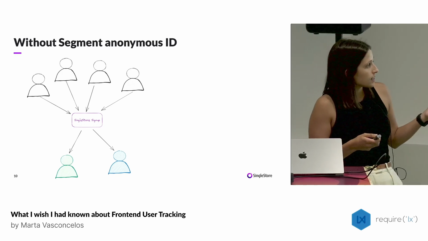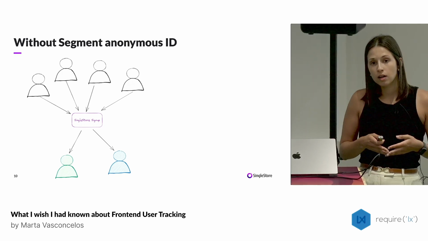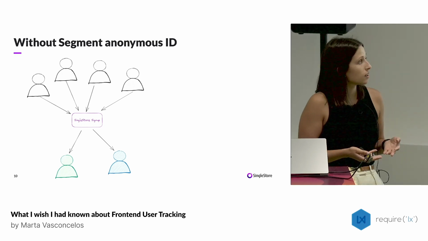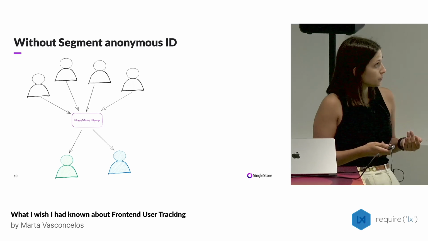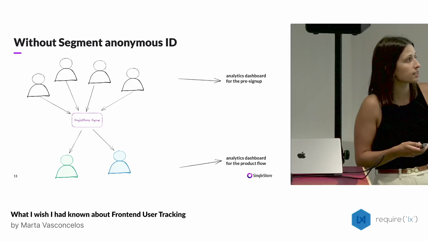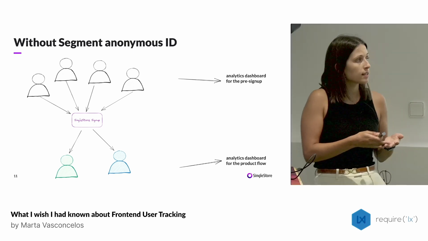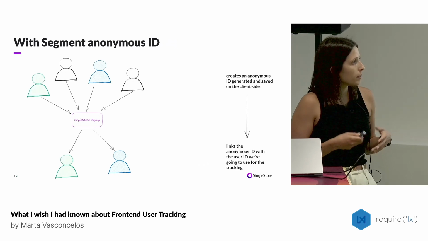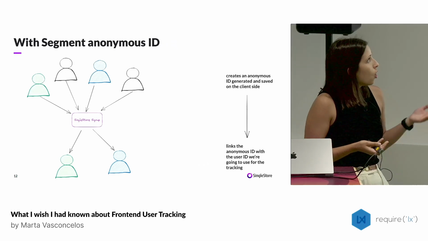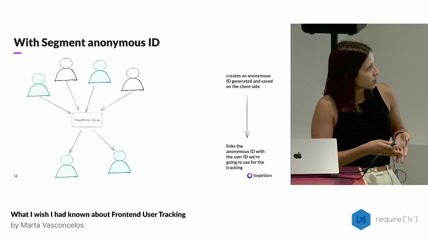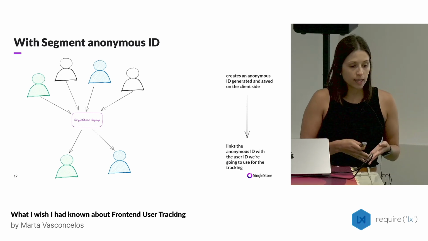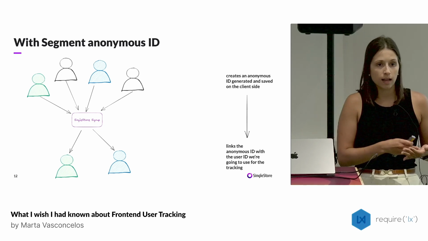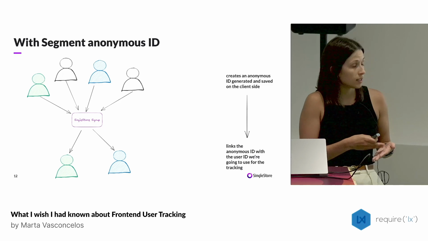Once they sign up, you start using a unique ID, and you can track them when they are back. You can have an analytics dashboard for the pre-sign-up, and you can have one for the product flow, but not all together.